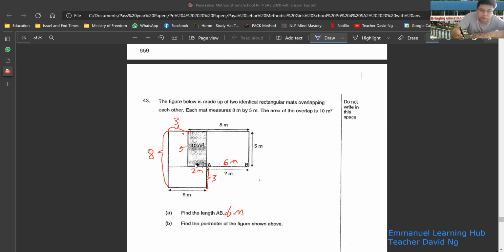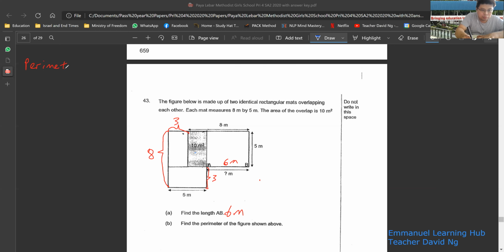What is the perimeter? 8 plus 3 equals 11. Then it means the top is 11. No, perimeter. You know what is perimeter? Yeah, the outside. So how to add everything together? Perimeter equal to? I go one by one.